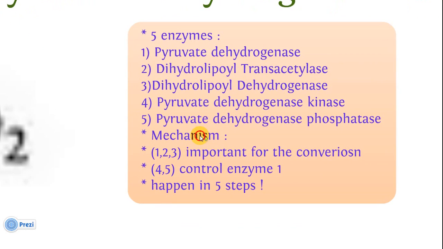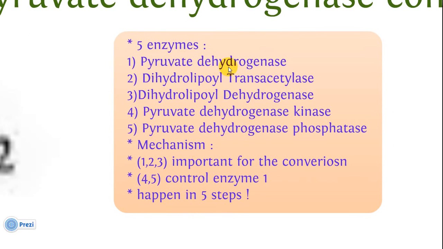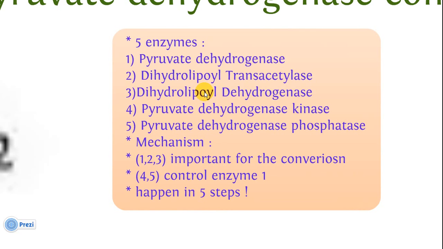I will not talk about it in detail, but just know that you have 5 enzymes. The first one will take an H plus from the pyruvate and give it to NAD plus. The second and the third will work on the acetyl and move it in a special way. You can read it from the book or from the slides. The last 2 enzymes are pyruvate dehydrogenase kinase and pyruvate dehydrogenase phosphatase.